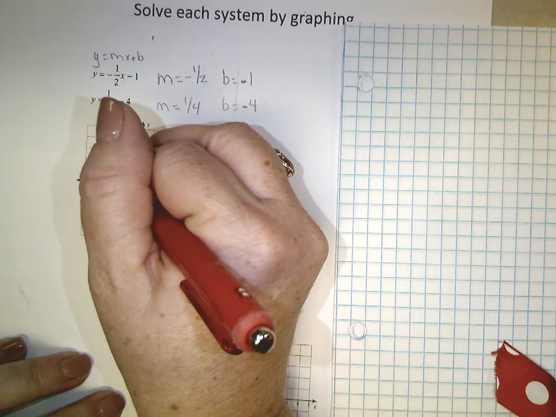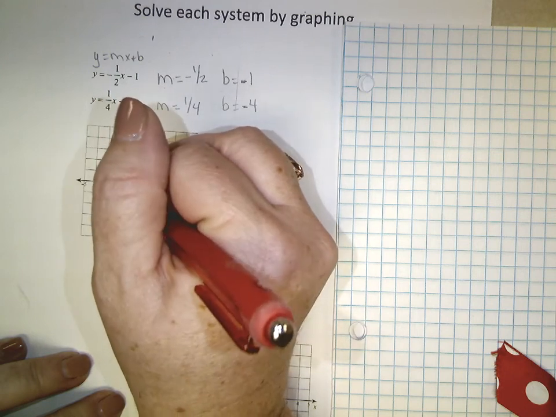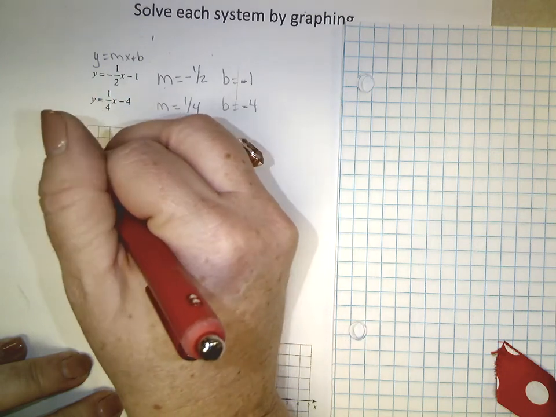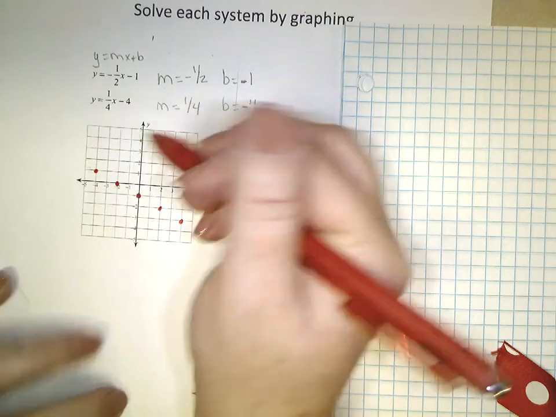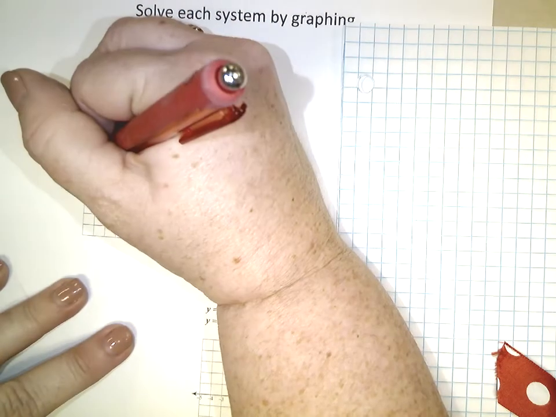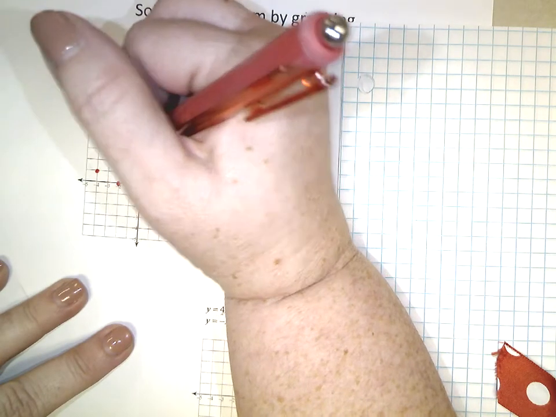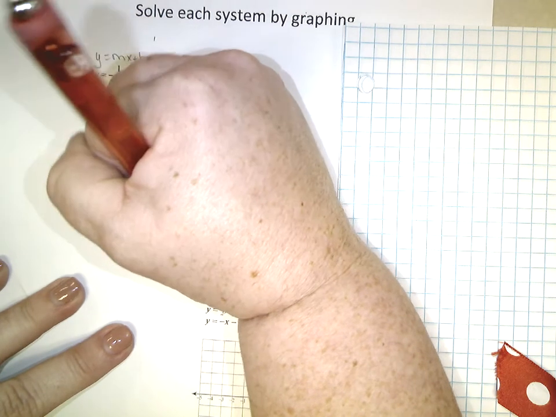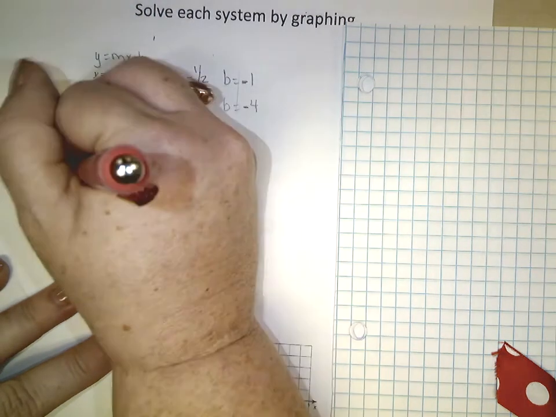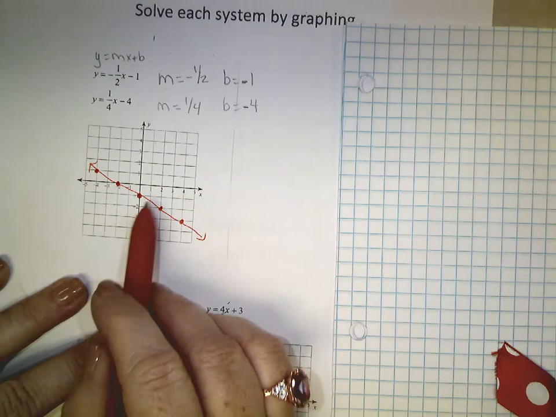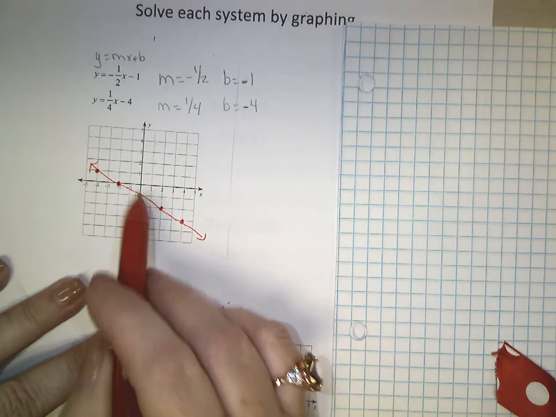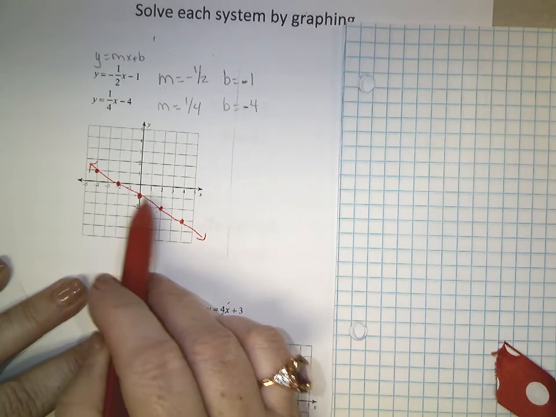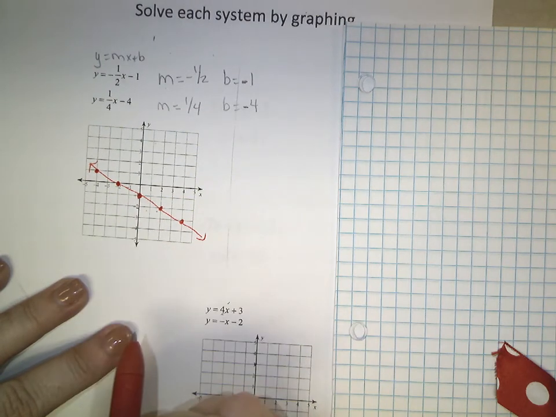Up 1 over 2. Yes, up 1 over 2. And then we can connect. I don't have a ruler. I should have a ruler out. Okay, so I started at negative 1, down 1 over 2, up 1 over 2.